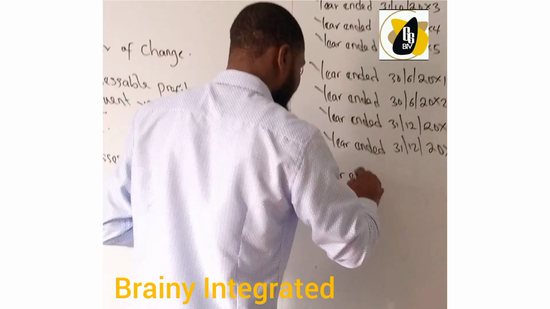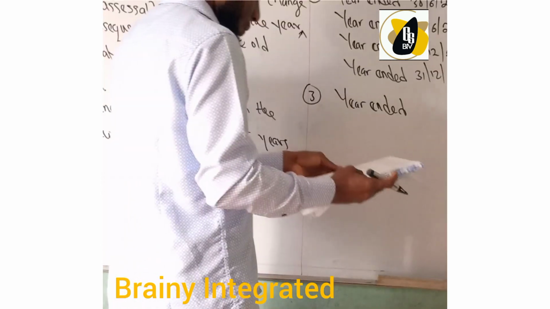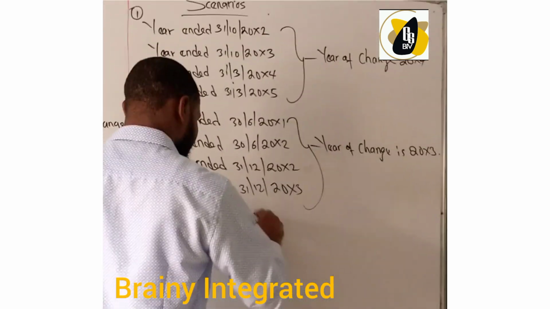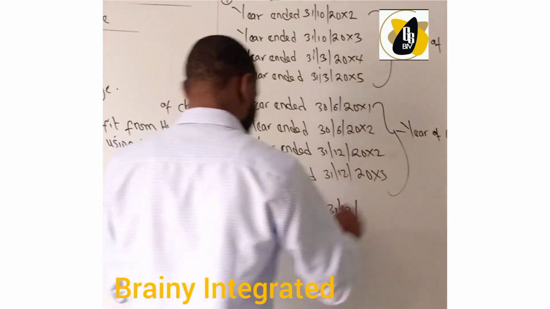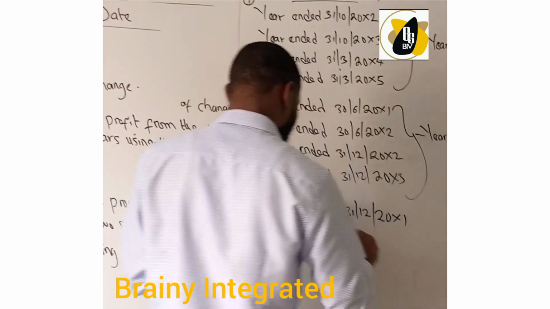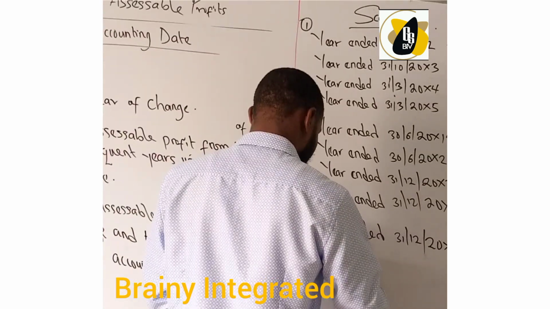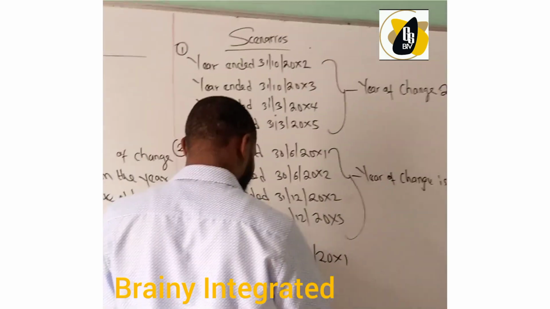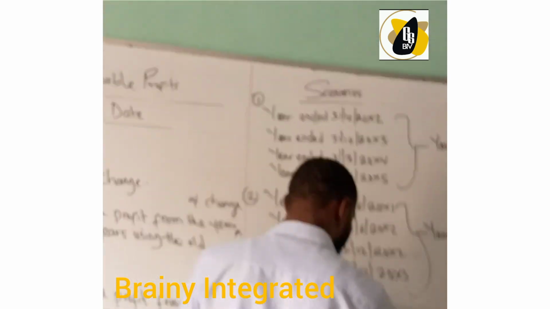So scenario 3: year ended 31st December 20x1. Year ended 31st December 20x2.